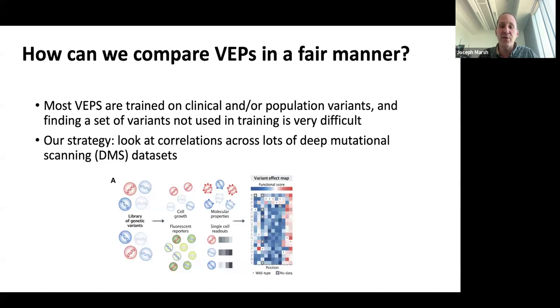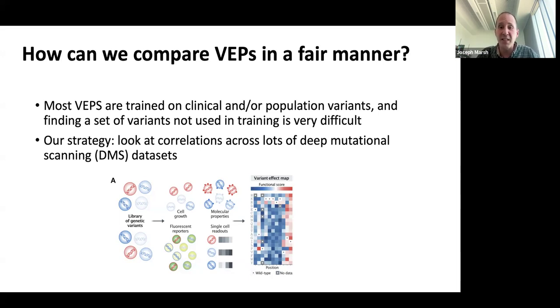So the strategy that we've really pioneered here is looking at how these variant effect predictors are related to what's called deep mutational scanning measurements. So this is a high throughput experimental strategy for measuring variant impacts on a large scale. There's a large body of these deep mutational scanning approaches, but at the simplest level, they all follow a similar pattern where they involve some sort of synthetic biology to generate a library of variants.